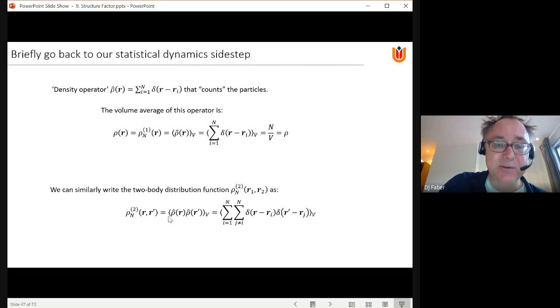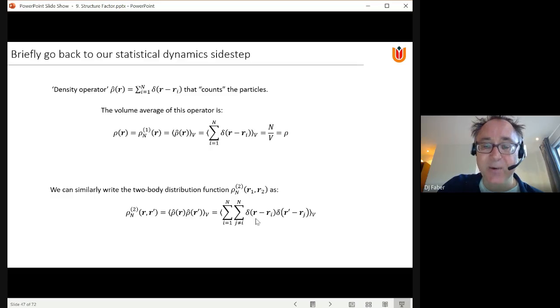Do the same thing. That means taking the operator running over a coordinate r, taking the same operator for the second particle running over a second spatial coordinate r prime, and then taking the volume average. So that is the middle term in the equation. And then on the right hand side is filling in the definition of the delta functions.